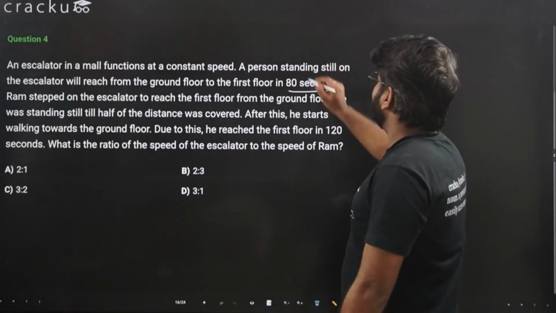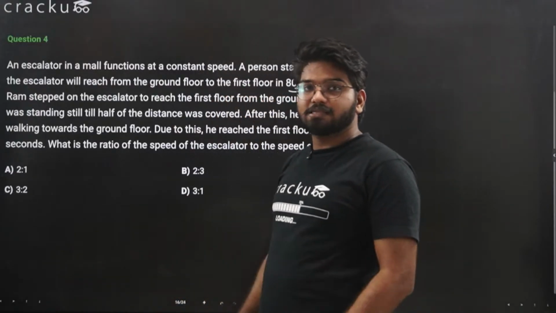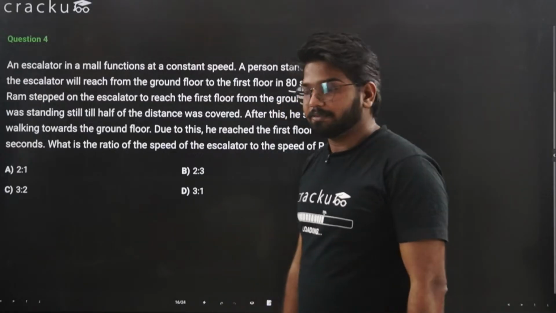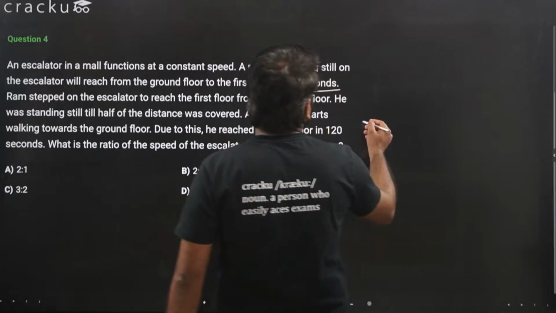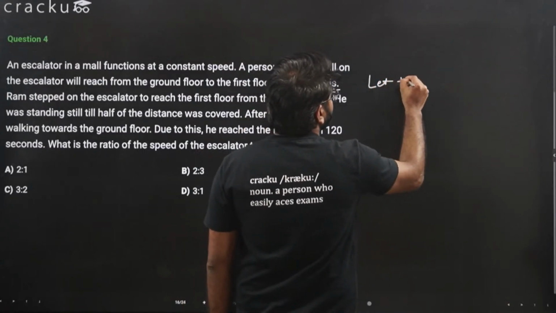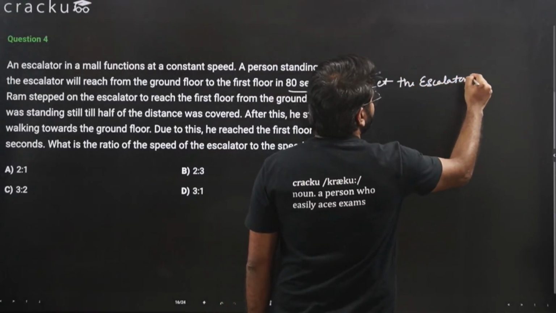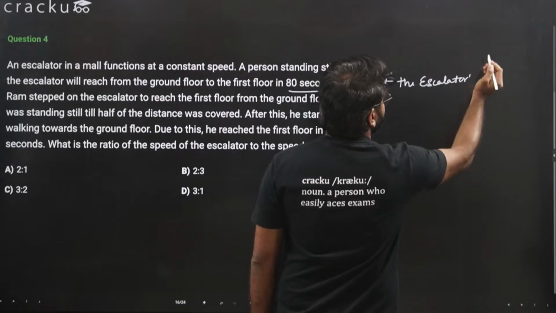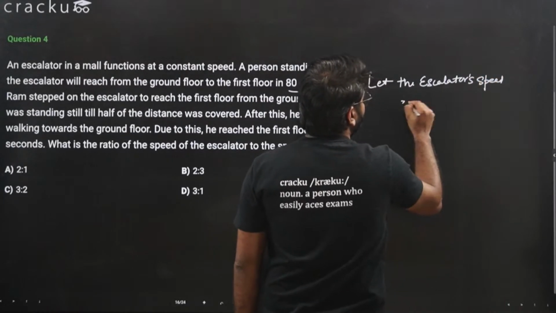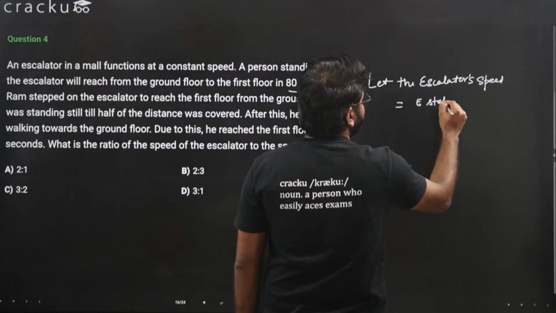The person is still, only the escalator is moving. Now we know that n is equal to speed into time. Here the time is 80 seconds. What is the speed? The speed will be of the escalator. Let's say the escalator's speed is equal to E steps per second.